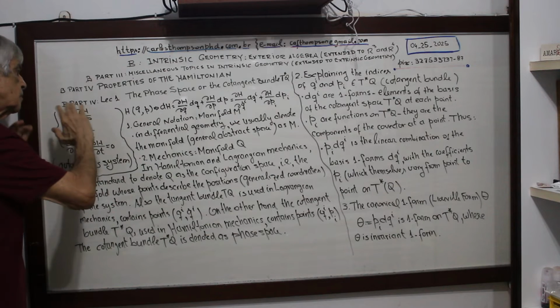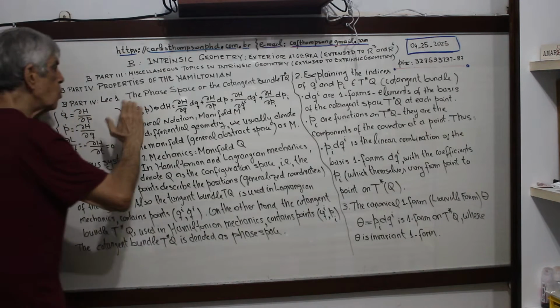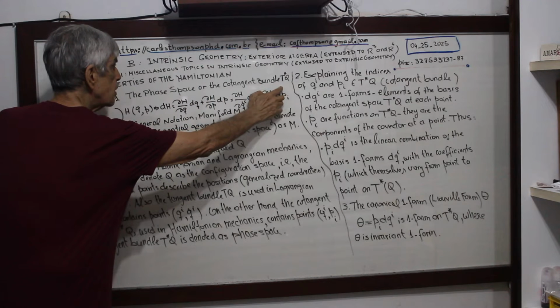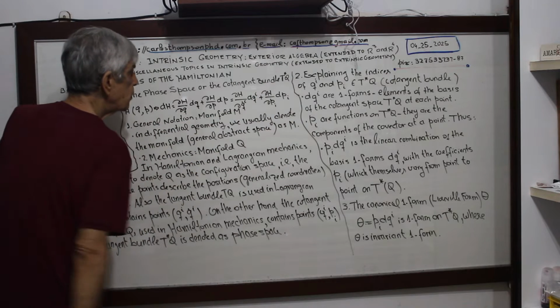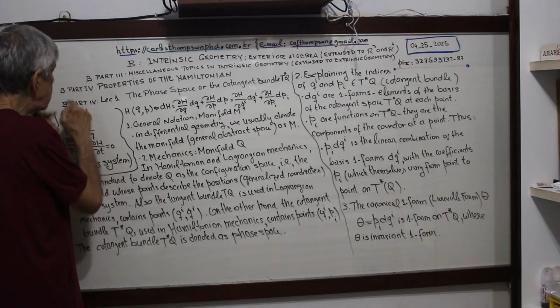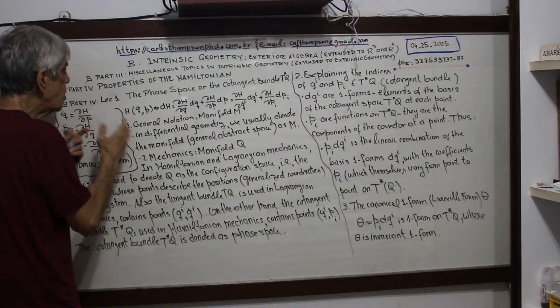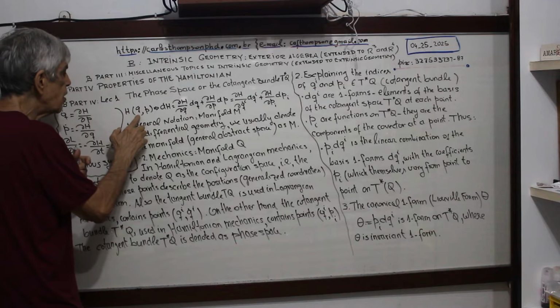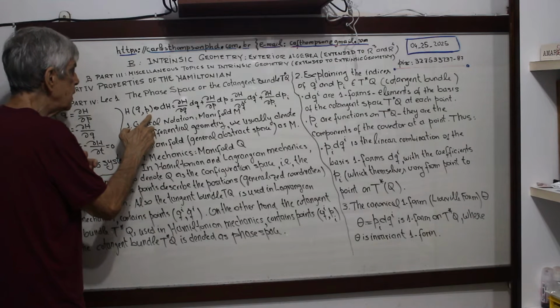So let's show that the phase space is the cotangent bundle T*Q. From part 3, we presented H as a function of q and p.